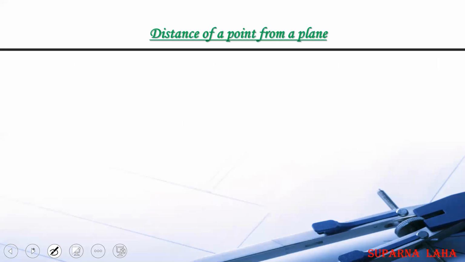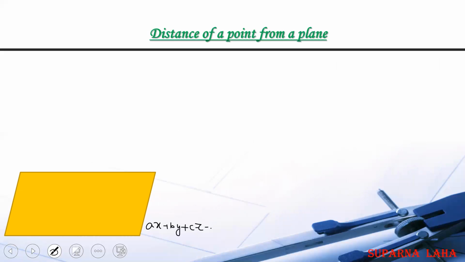Now let's talk about the Cartesian form. So this is the plane whose equation is given, ax plus by plus cz equals d. Taking P as any arbitrary point (x1, y1, z1), and taking this point as M, this is the perpendicular distance.